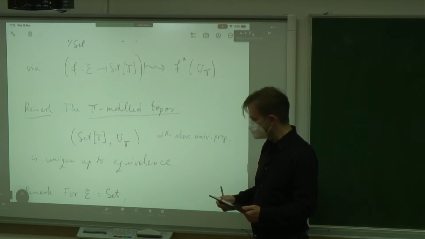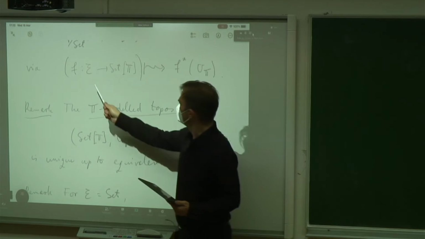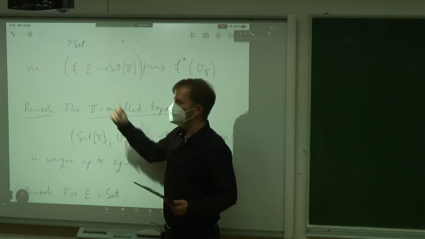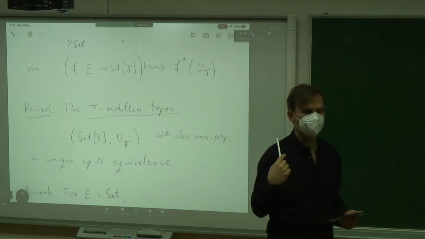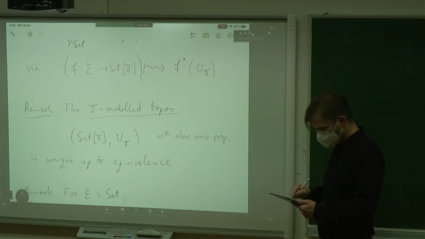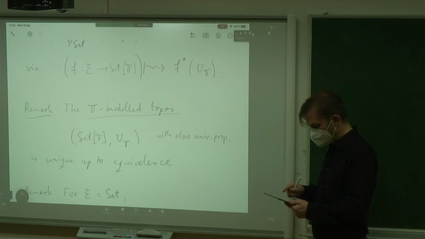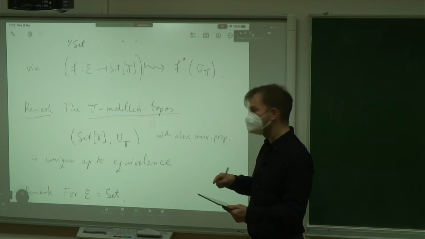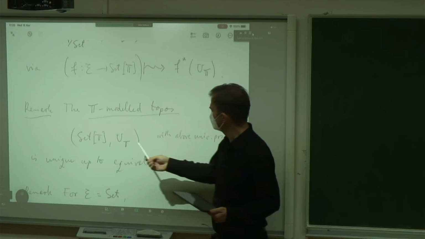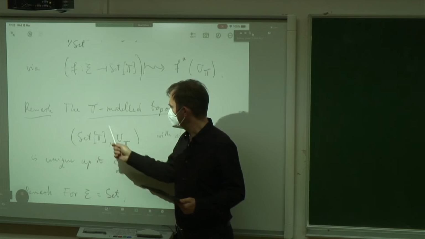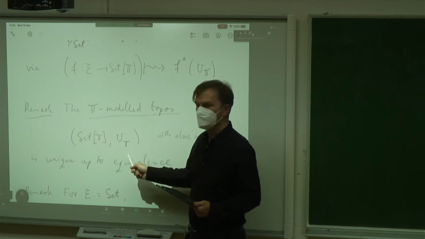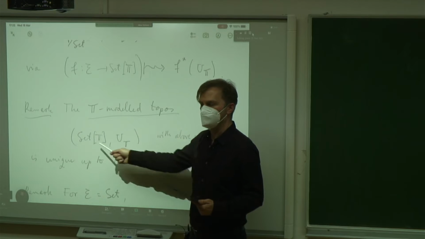And this becomes even clearer when you choose for E the topos of sets. First of all, the T-model topos. When you say a T-model topos, what you mean is actually a pair consisting of a topos and a model of T inside the topos.